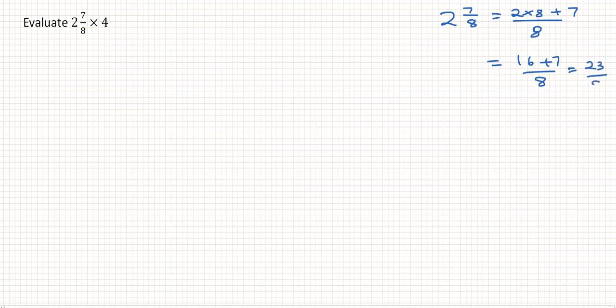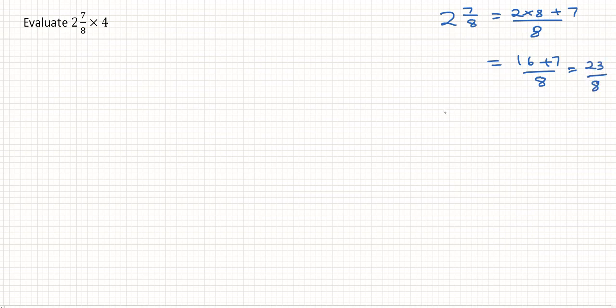First step is convert 2 7/8 to an improper fraction. This is going to give us 2 multiplied by 8 plus 7 over 8. So that's going to give us 16 plus 7 over 8, which is 23 over 8.